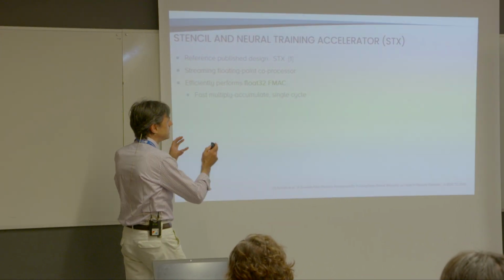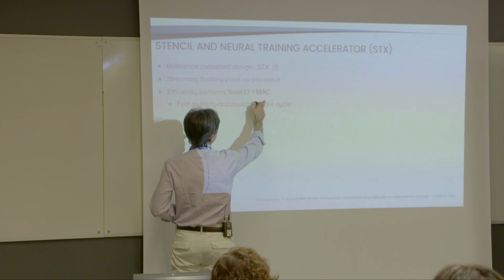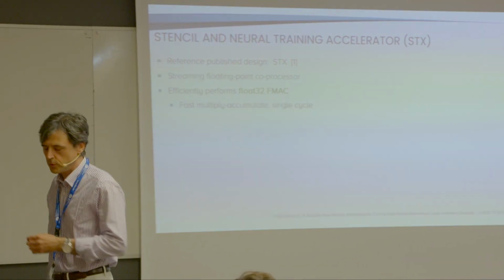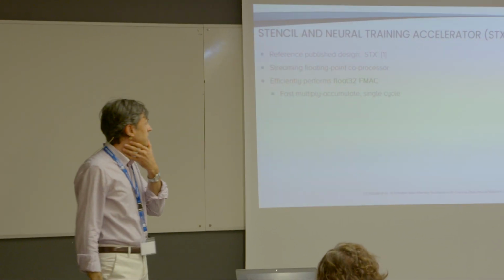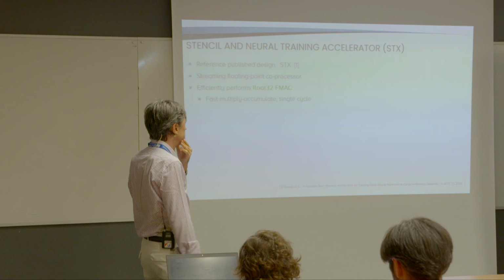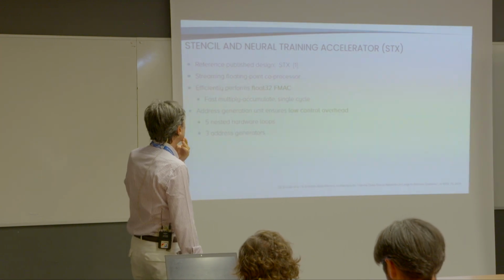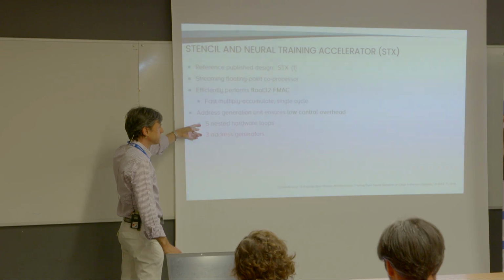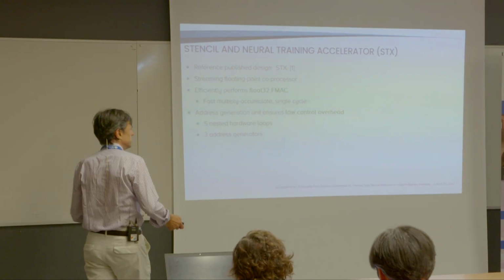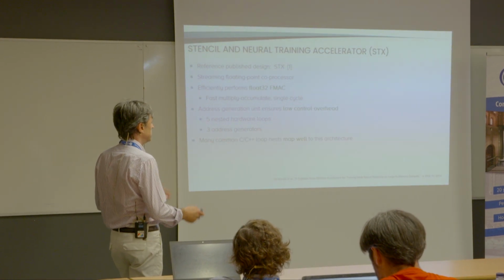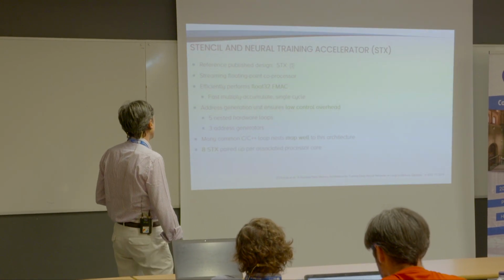The heart of the microarchitecture is the capability of performing 32-bit floating point multiply and accumulation, in particular in a single cycle. And also having the hardware support for loops and address generation. So it is a much more dedicated architecture.